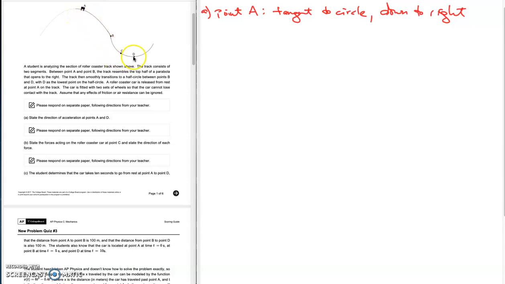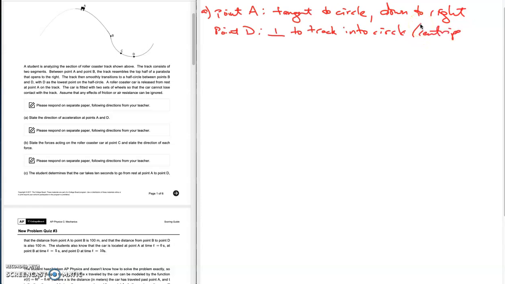And at point D, now it's moving with a velocity. It's moving sideways, but it's not accelerating down anymore, and it's not accelerating tangent to the track, I mean. It's accelerating off the track into the circle. So it is perpendicular to the track, into the circle.